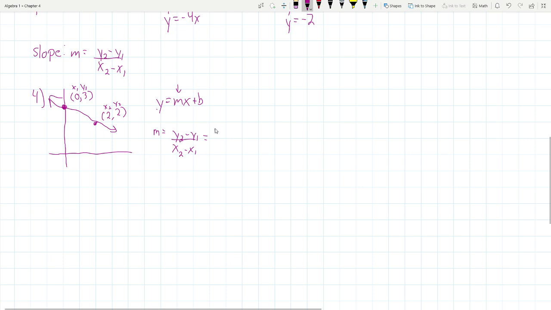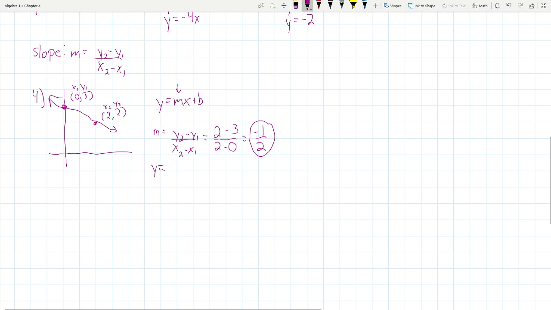So my y2 is 2 minus my y1 is 3 over my x2 is 2 minus my x1, which is 0. And what that gives me is -1 over 2. And so my slope is negative 1 over 2. Now, we're not done yet, because what we're doing here is we need to solve this y equals mx plus b.